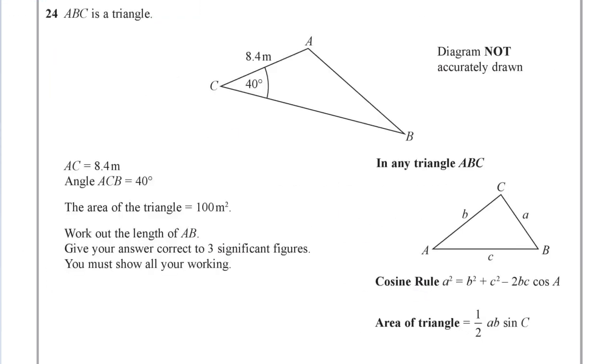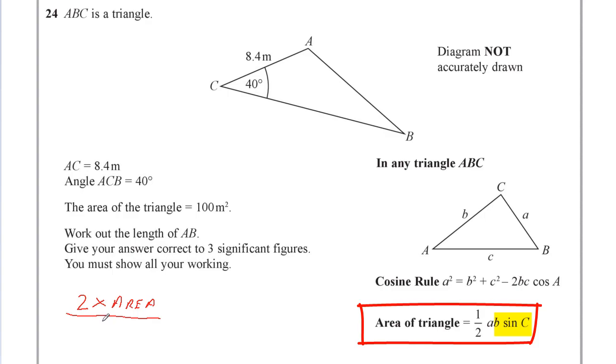And first, we arrange this area equation to make BC the subject. This 2 will go up here, and this B sine C goes down here.